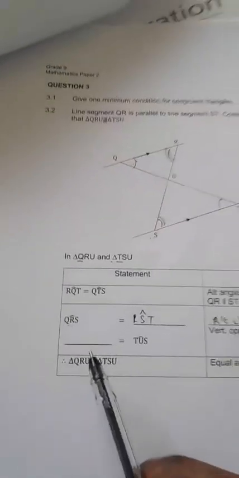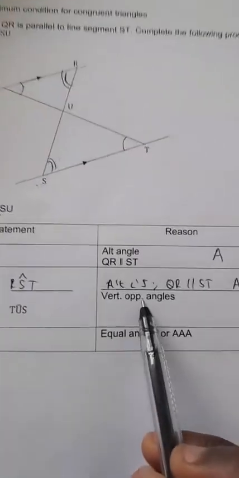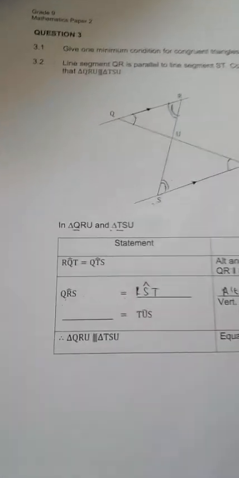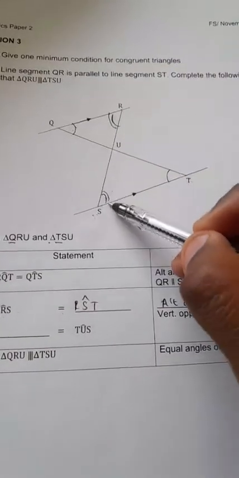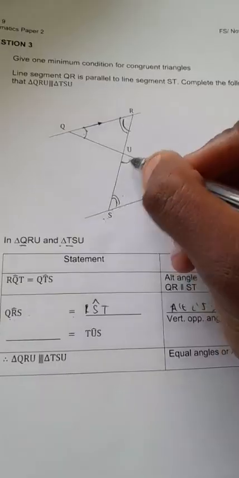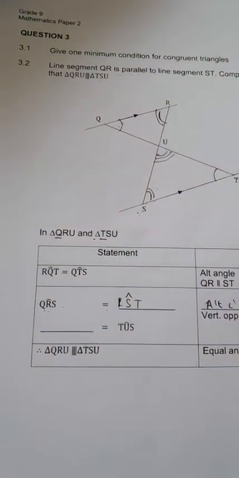Okay, let's move on to the last statement that has been stated here. It seems like the reason is vert-op angles. Okay, but which two angles here? TUS. What is TUS equal to? The middle. 1, 2, 3. TUS is equal to? Yes, Nuri.